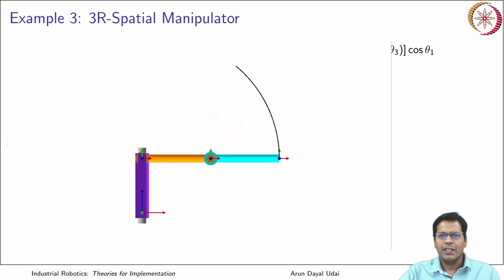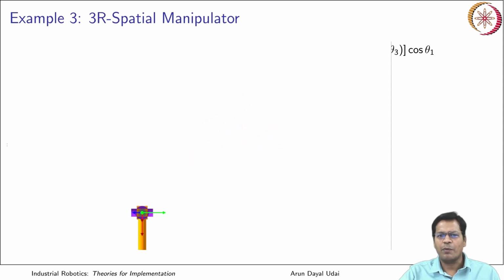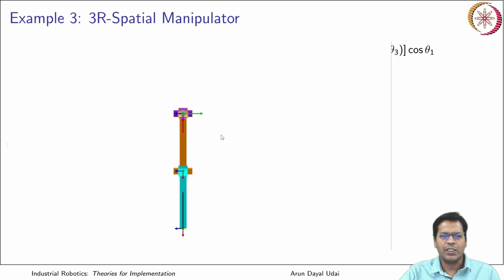Got it? This time if I look from the top, you hardly see any motion at all. The 2 links are coming exactly in the plane. You got the structure of this now. So if I take it back, it goes like this.